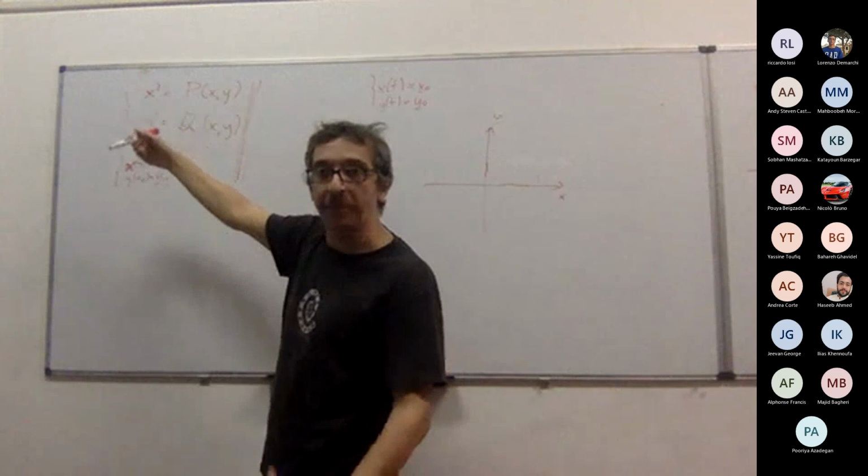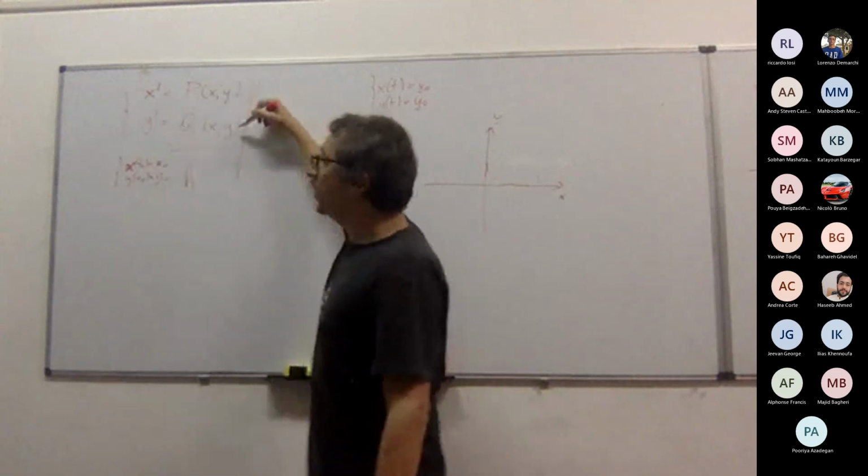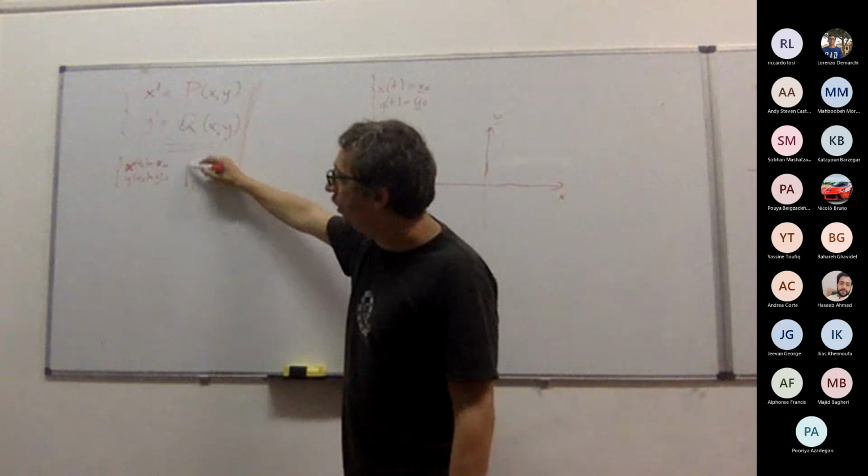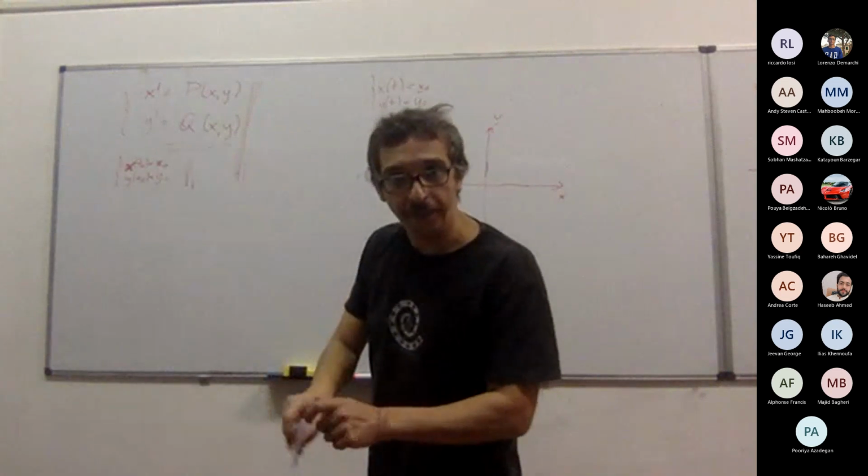So the initial value problem means, hey, you have this system here that must be solved, taking into account this data here.